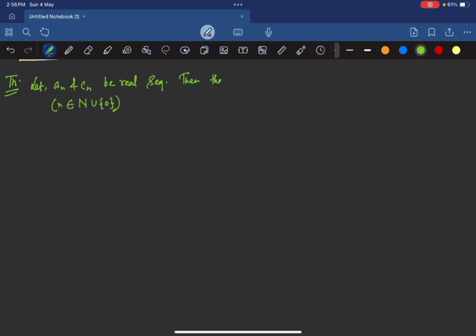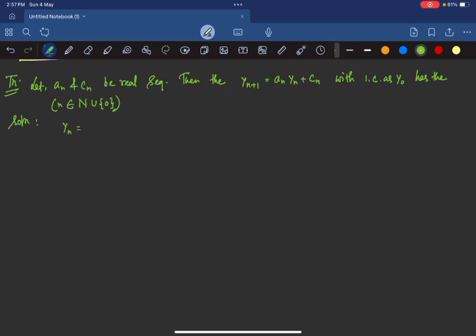the difference equation, that is y(n+1) equals an yn plus cn, this is the general first order linear difference equation, with initial condition y0, has the solution. What is the form?